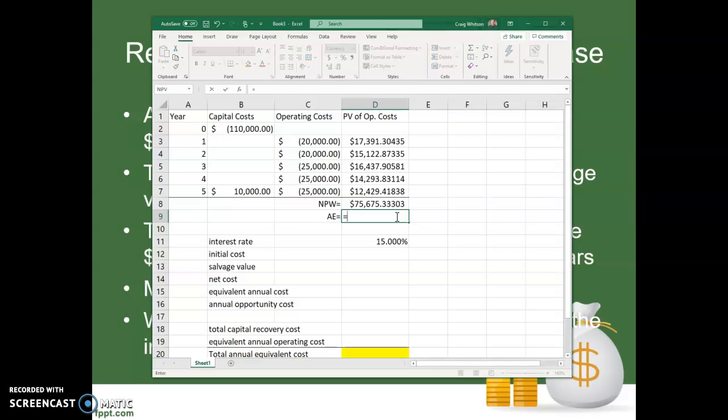So this is equal to PMT of, again, we're going to use that 15% rate. The number of periods is 5. And the present value, the net present value or net present worth of the operating costs, is that value right there, the $75,675 value.